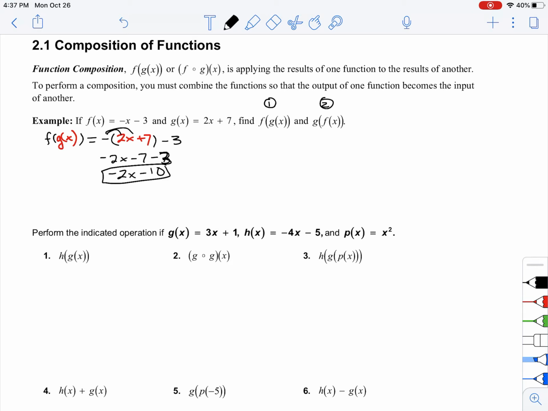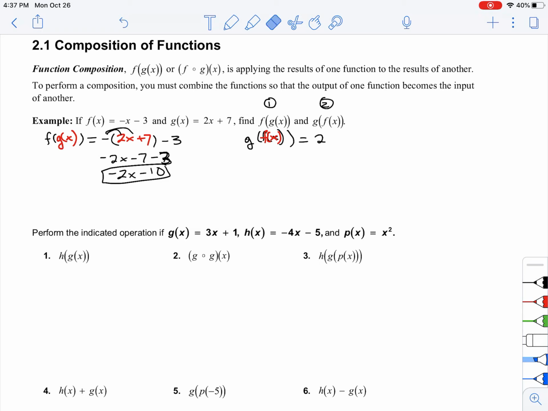If we were doing it the other way, g of f of x, we would take f of x and put it inside g of x. So g of x is 2x plus 7.